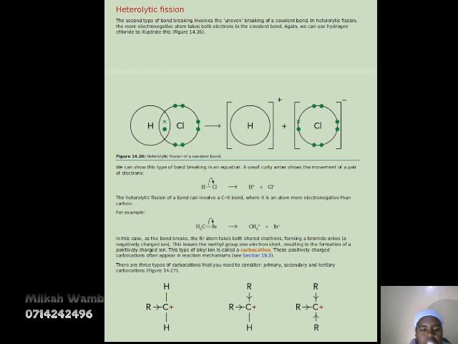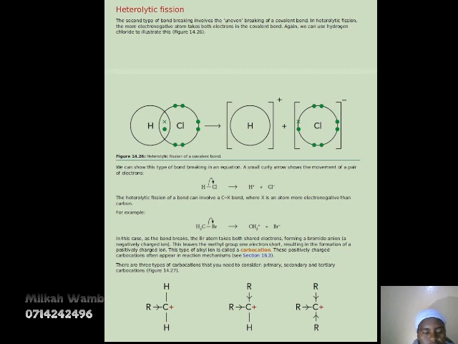The positively charged ions can be of three types, depending on how many groups are joined to the positively charged carbon atom. It can be a primary, secondary, or tertiary carbocation.